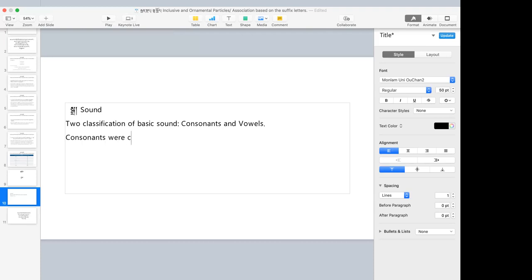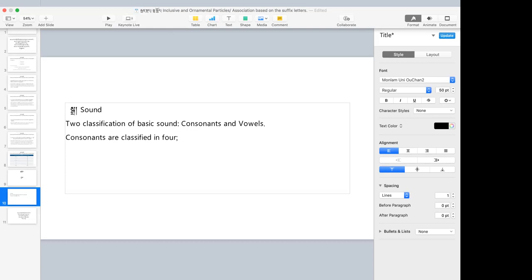The consonants are also classified in 4. So there are 2 types of classification. We're only going to discuss the classification that is stated in the Thirty.